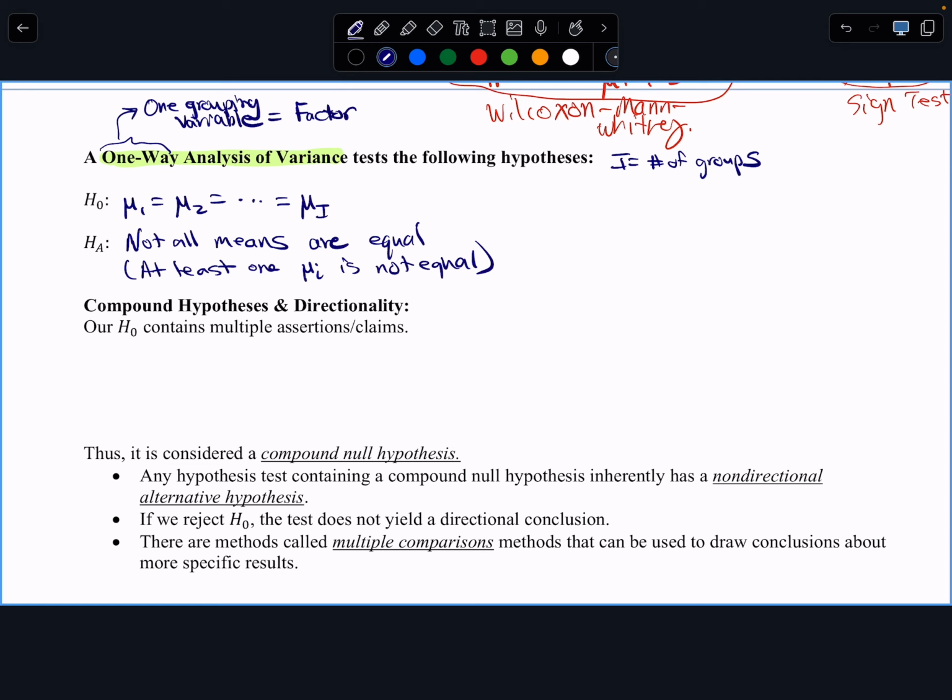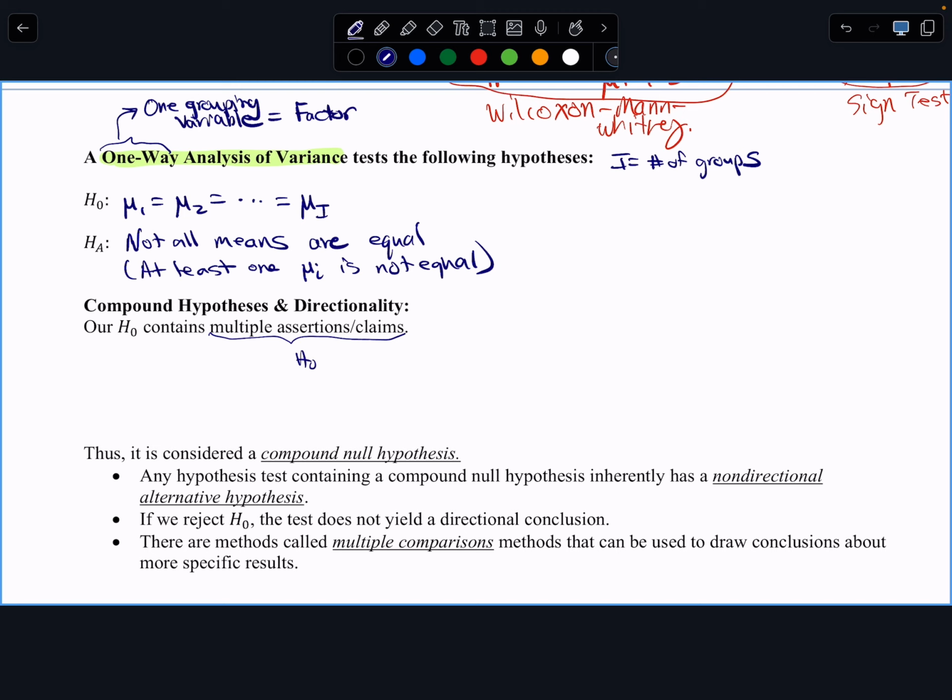Now, this null hypothesis is not as simple as all the others we dealt with, right? The two sample t-test, mu1 equals mu2. That's one claim, right? When we had the paired sample t-test, mu sub d equals 0. That was one claim, one statement, right? Well, here, when I have all of these means being equal to each other, we have multiple claims, right?